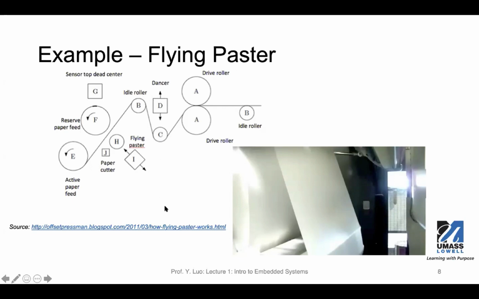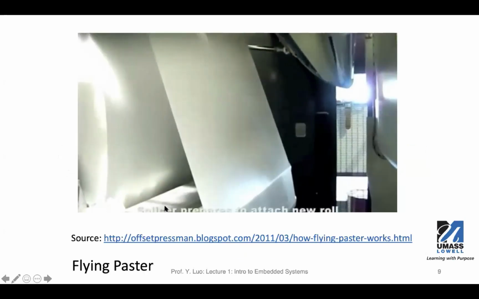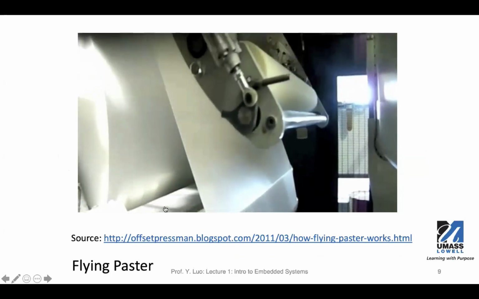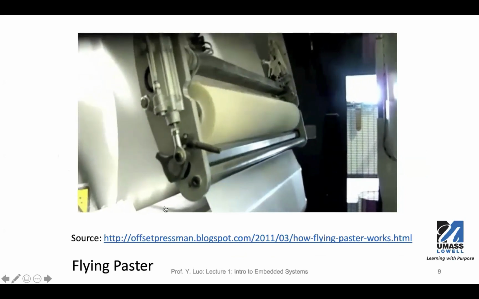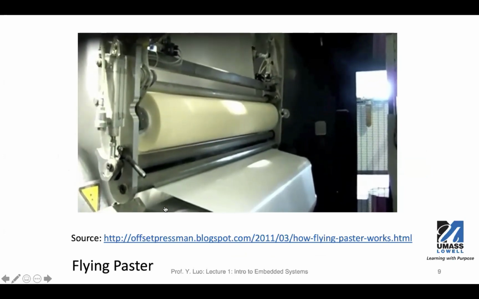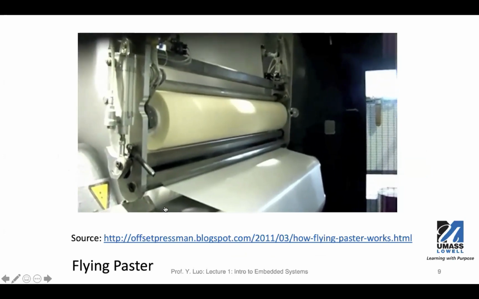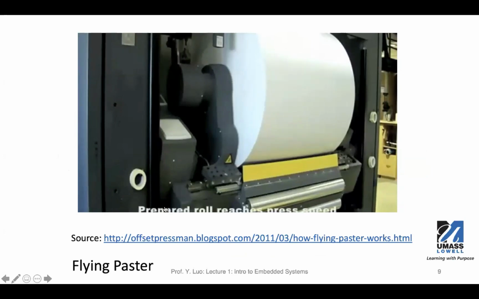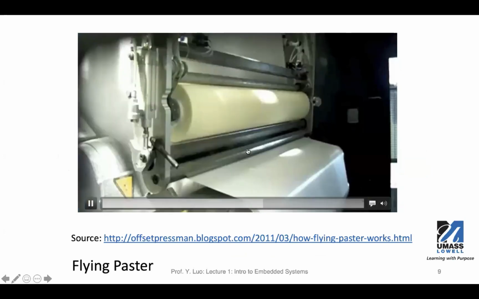So let me show you the... sorry, I don't know if you can hear. This is in the factory, so it's kind of noisy. But this is the new roll they want to feed in. So this is the old roll.